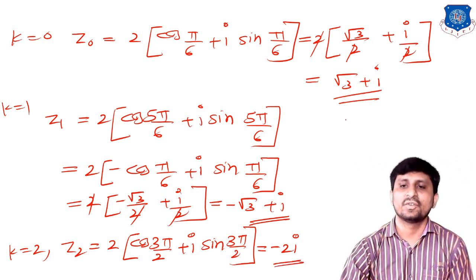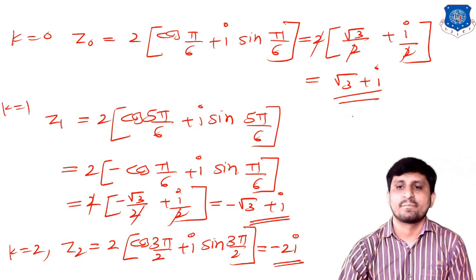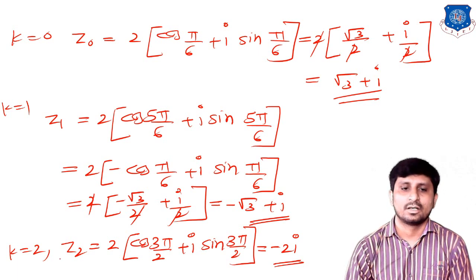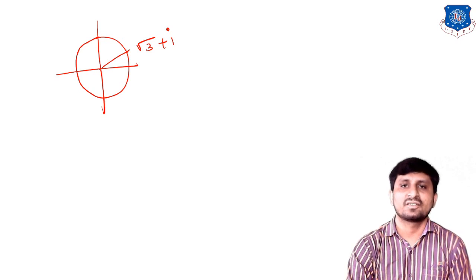And clearly if you want to express this on a circle, let me show you on the next page. Root 3 plus i: you just have to draw this type of figure, right? Root 3 plus i is in the first quadrant, somewhere here. Then minus root 3 plus i is in which quadrant?